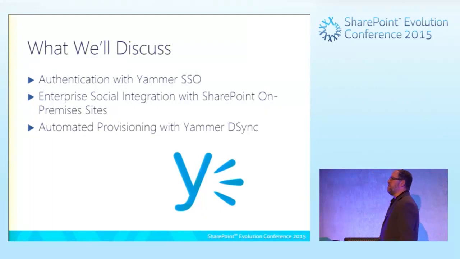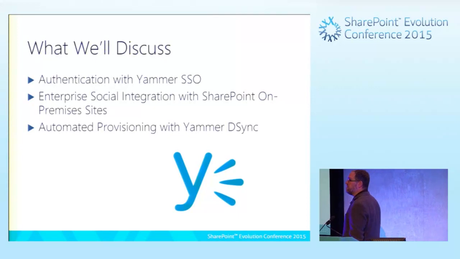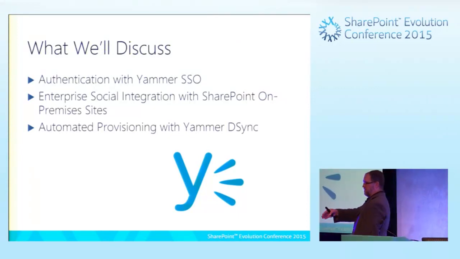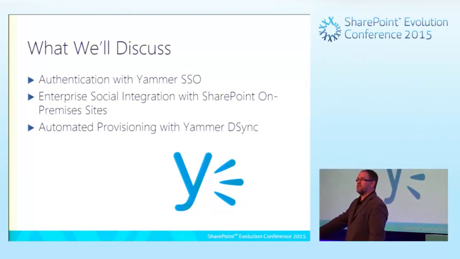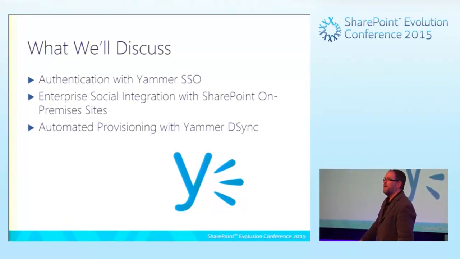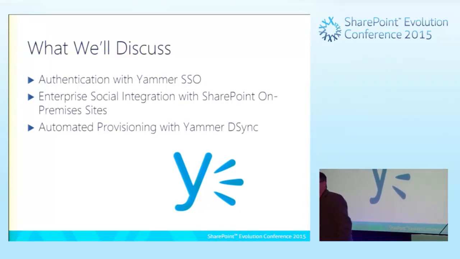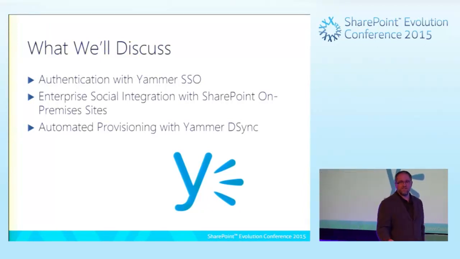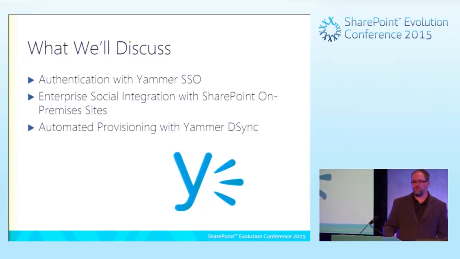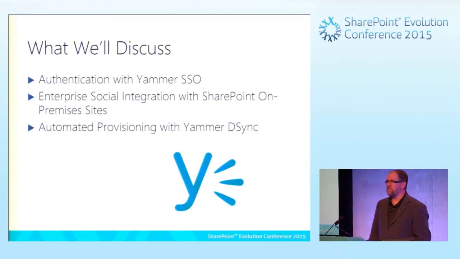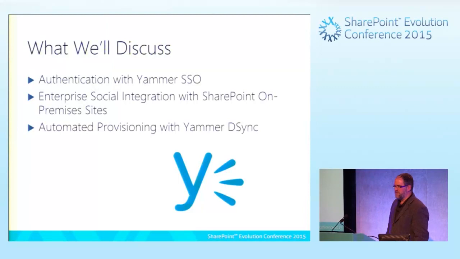And then also automatic provisioning, so the ability to, when you create a user account within Active Directory, have that automatically provision a Yammer account as well, and then subsequently, if you disable that user account, have it disable their Yammer account as well. So there's a specific utility that was part of the acquisition, actually. It was originally built by the Yammer folks, but that's called DSync. So we'll be taking a look at that in my lab, going through a little demo on how that is actually set up and how you would actually do that.